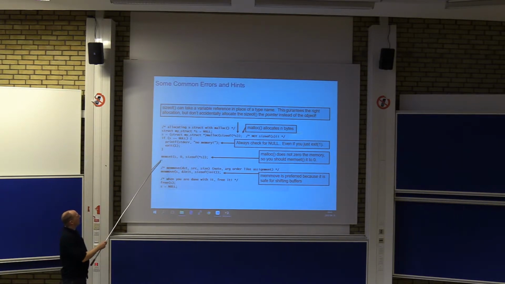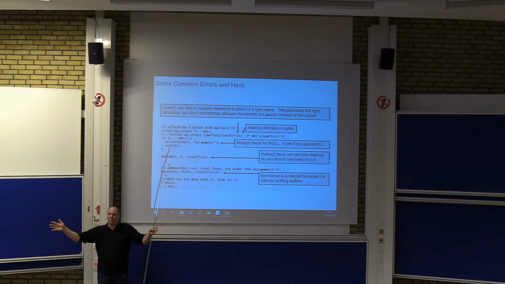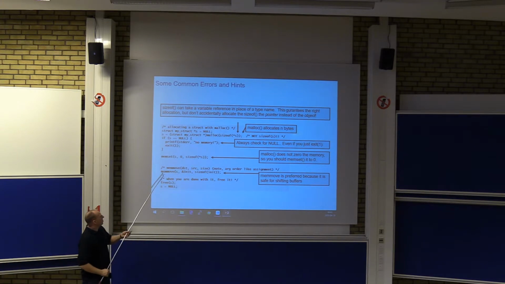Another thing that you should know about is that if you have called malloc, then you will just get a bunch of memory, but you don't know what bits are in that memory. So a good practice could be to set all the elements to 0. That is done with a memset function.